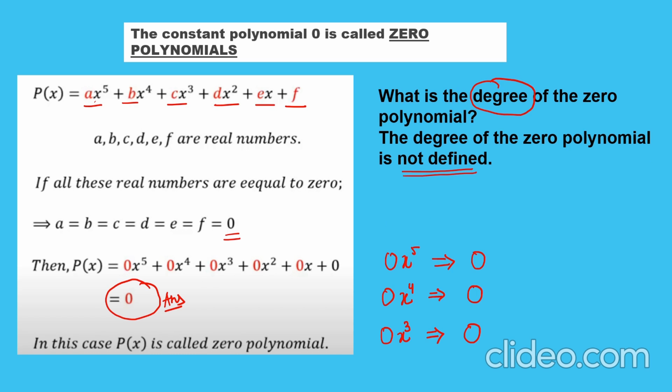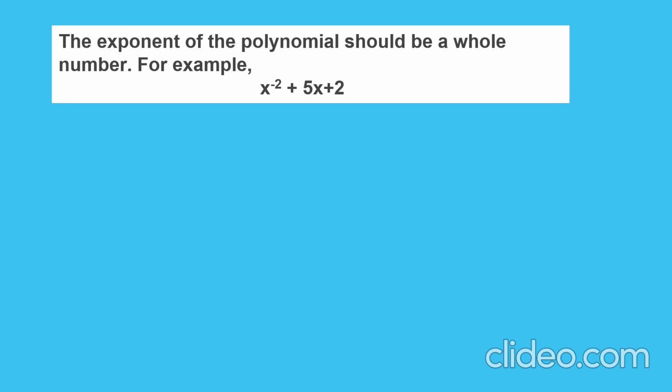Now the last concept of this video is how to check whether the given expression is a polynomial or not. In order to check, we need to first check the exponent of each term. If each term has a whole number as exponent, then that particular expression is a polynomial, otherwise it is not a polynomial.